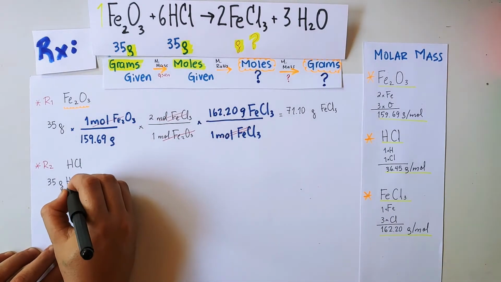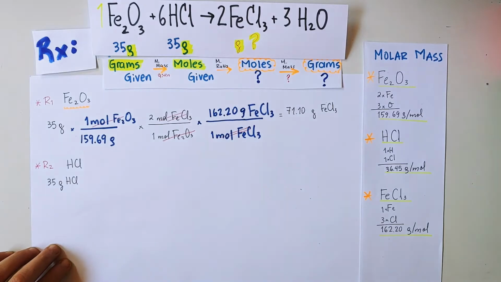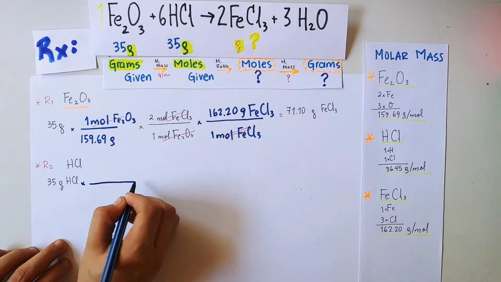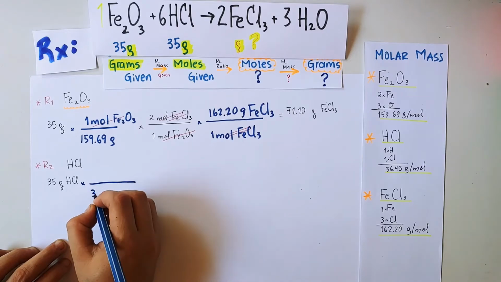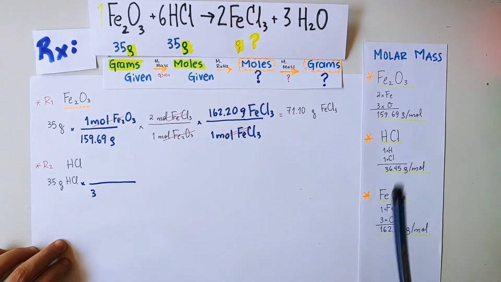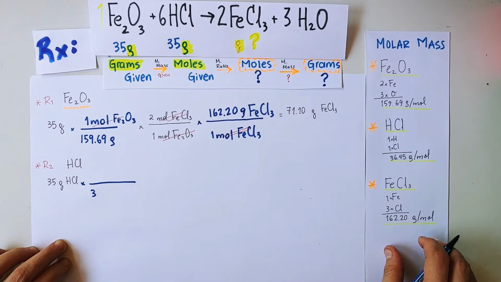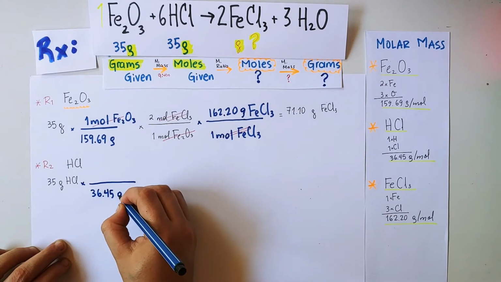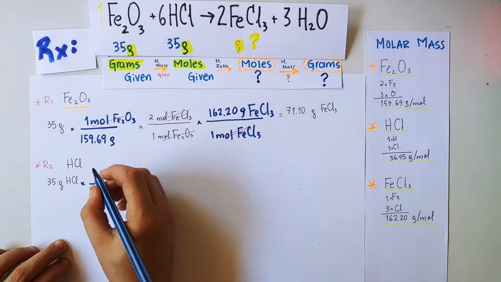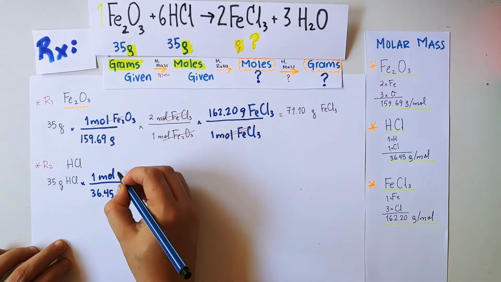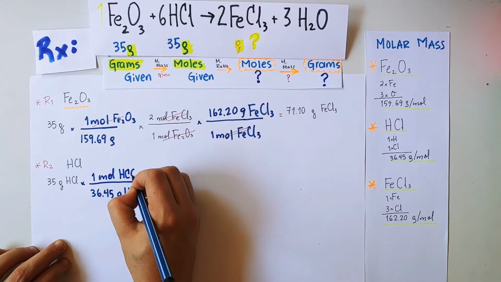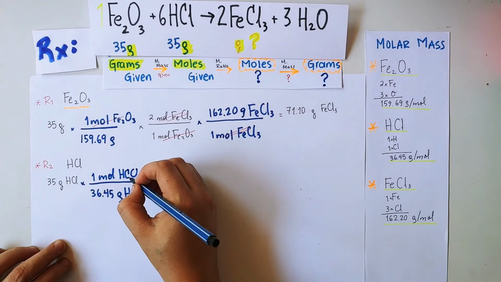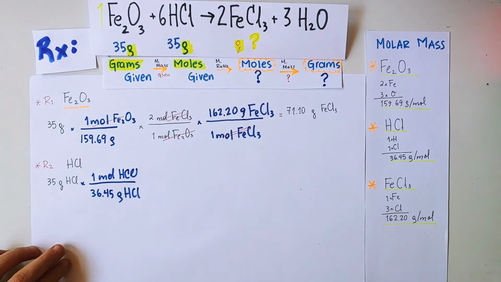So grams of HCl I will multiply times the molar mass of hydrochloric acid. So I have 36.45 grams of HCl in 1 mole of HCl.